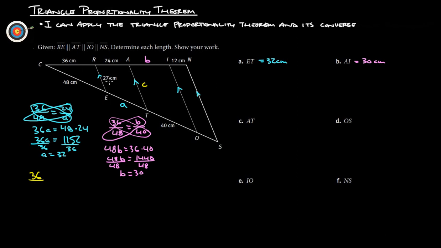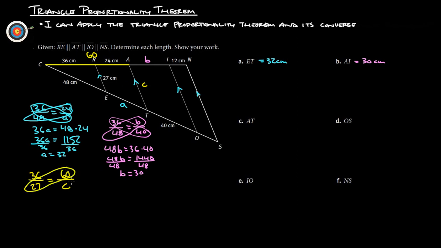So say 36 is to 27 as, now we need to have this whole side right here, from here all the way down to here. So that's going to be 36 plus 24. So this whole side here, add those together, that's 60. So that's going to be 36 is to 27 as 60 is to C. If you try using triangle proportionality, it does not work for these parallel sides. So we've got to do it this way.